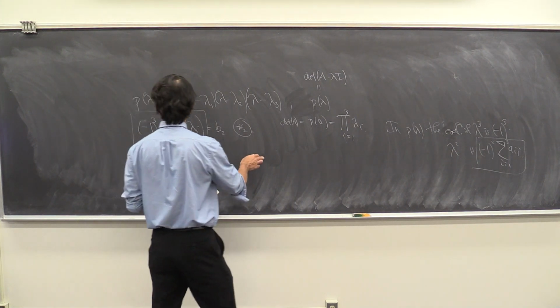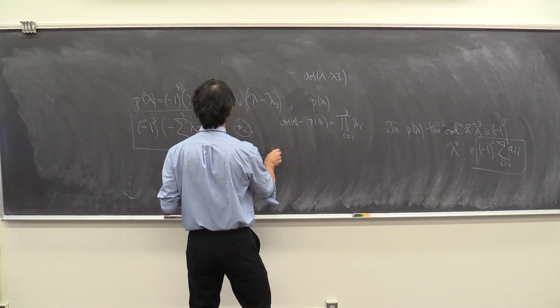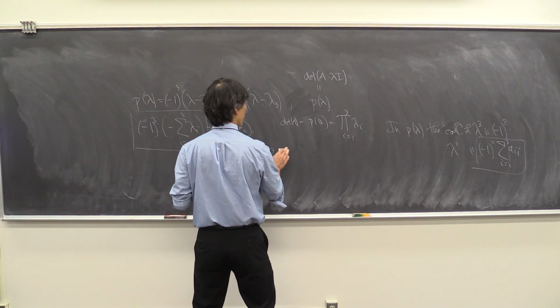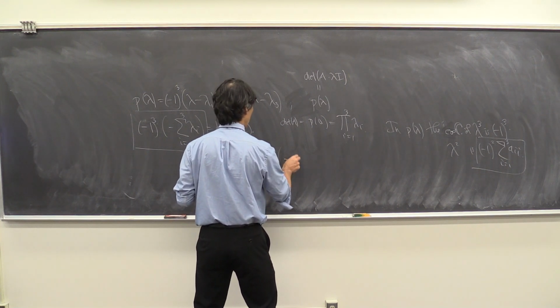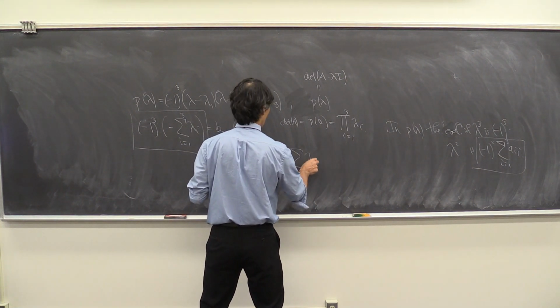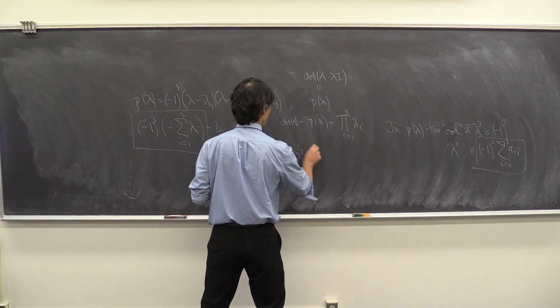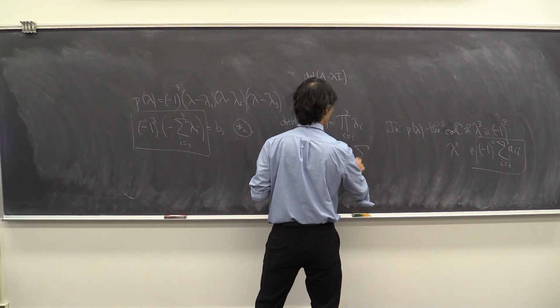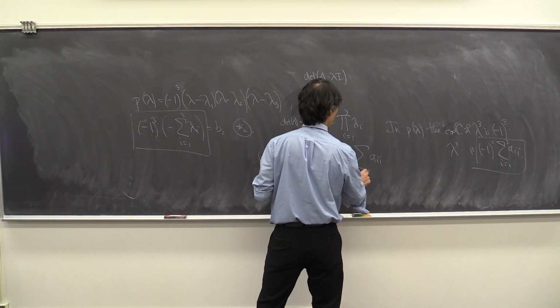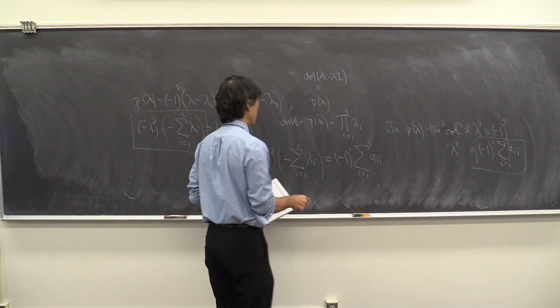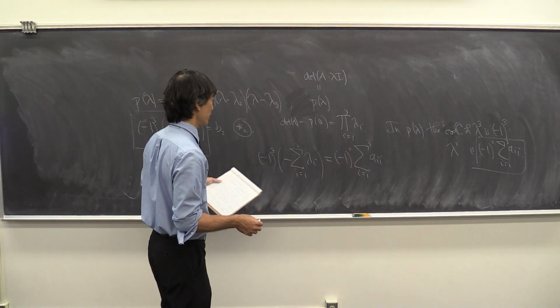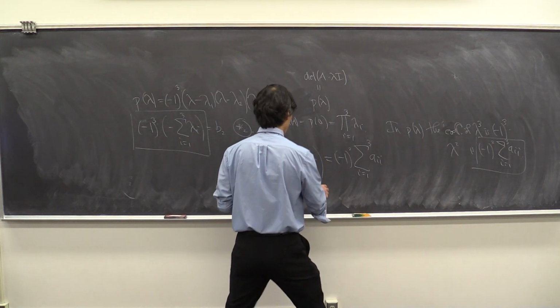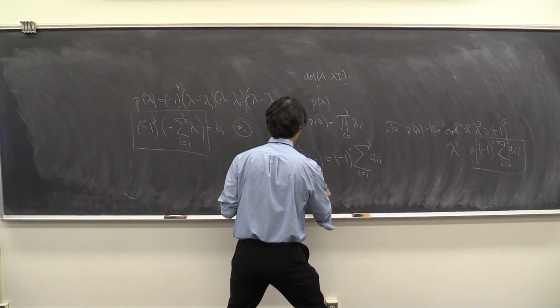So we get negative 1 cubed times negative summation of lambda i equals negative 1 squared times summation of aii from i equals 1 to 3.